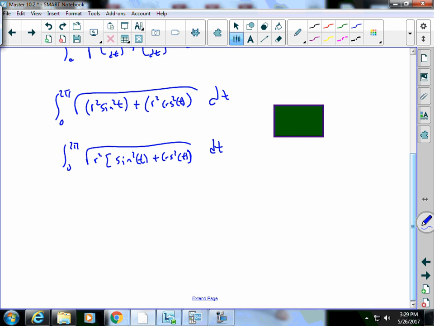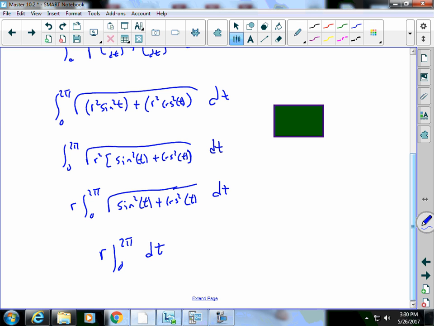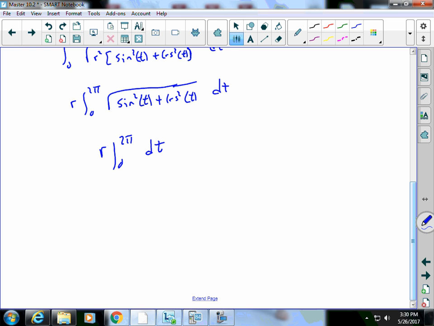That r squared can come out. It's r. Remember that r is like a constant. I have a sine squared t plus a cosine squared t. Well, I know what that is. That's just 1, isn't it? And the square root of 1 is just 1. Now I got to integrate it with respect to t from 0 to 2 pi.